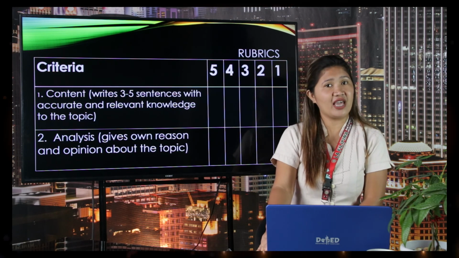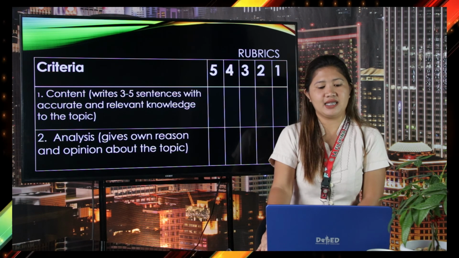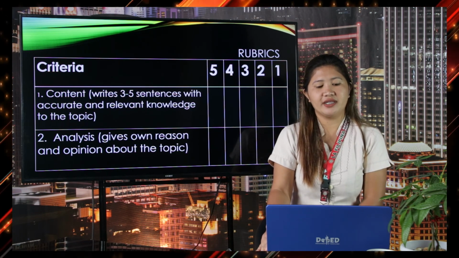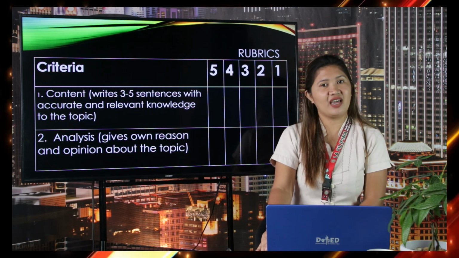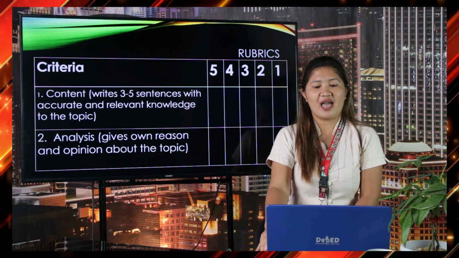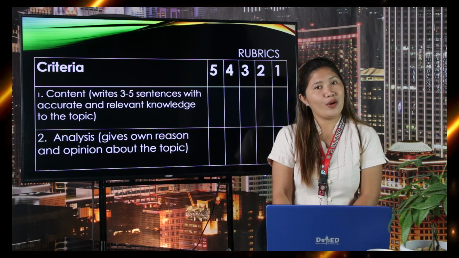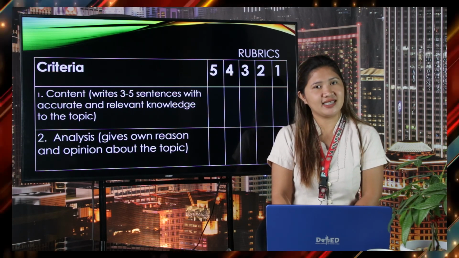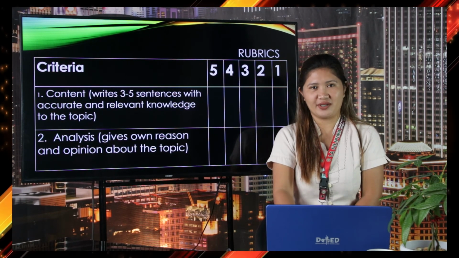The highest is 5 and the lowest is 1. The second, analysis. Gives own reason and opinion about the topic. The highest is 5 and the lowest is 1. The highest score is 10 points. So, what is your suggestion and advices? Let me know in the comments on your Facebook.